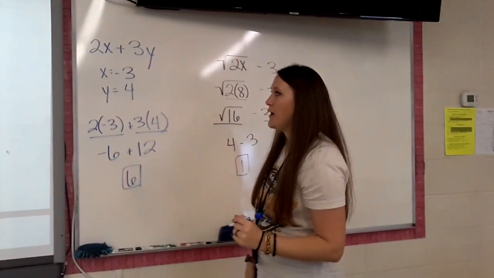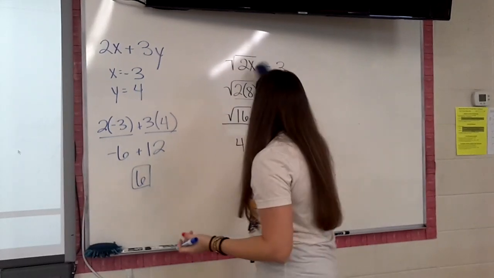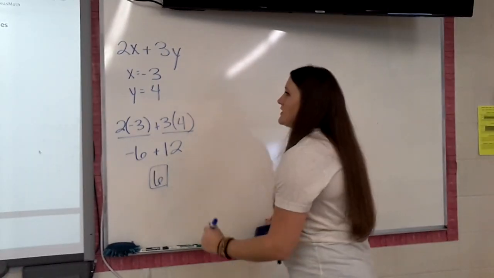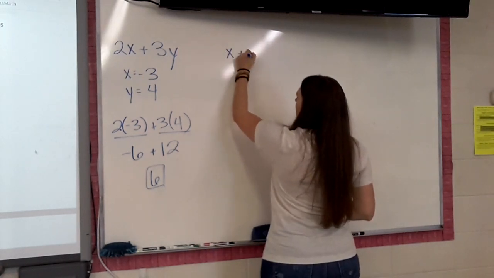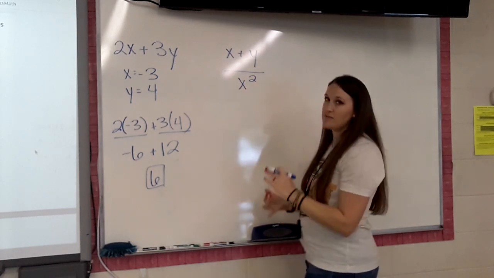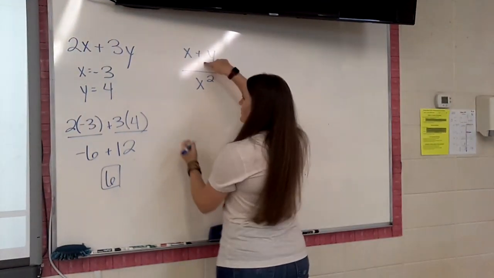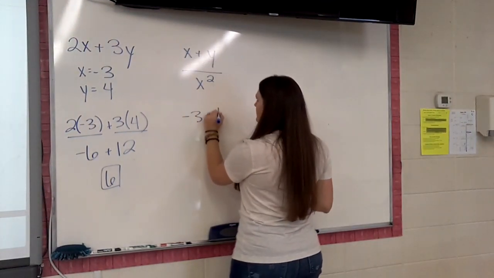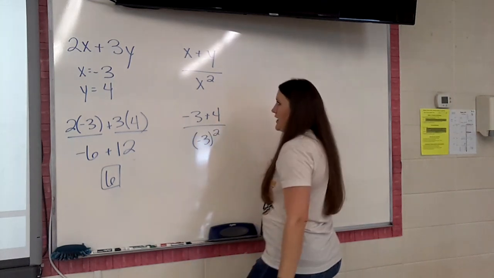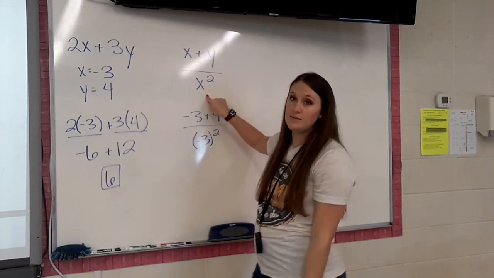Okay. And then this next problem, I like this one because it probably looks really scary, but it's not. So we have x plus y over x squared. Again, x is negative 3, y is 4. So we have negative 3 plus 4 over negative 3 squared. Now, this is very important because it's negative.